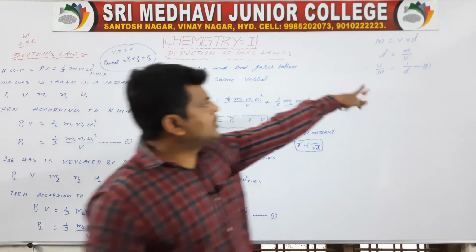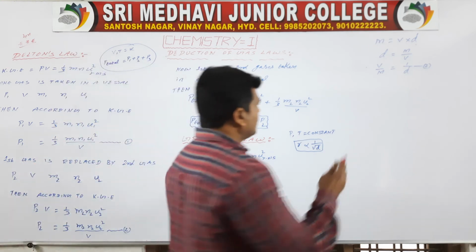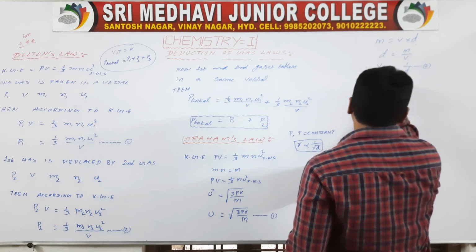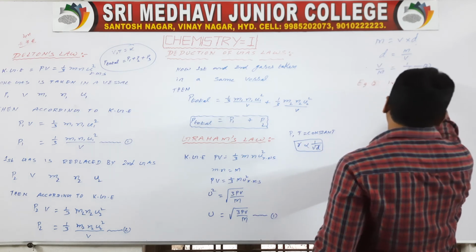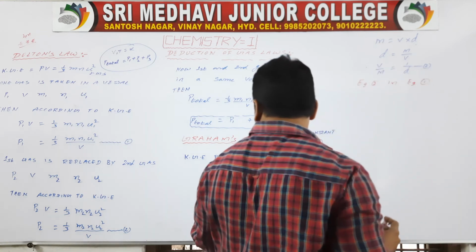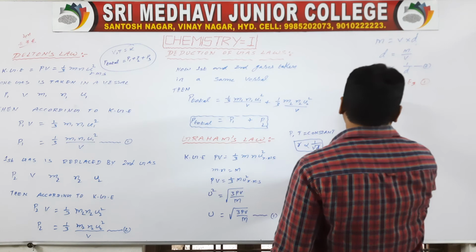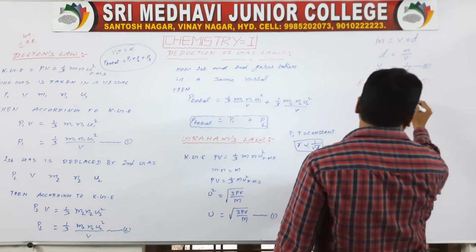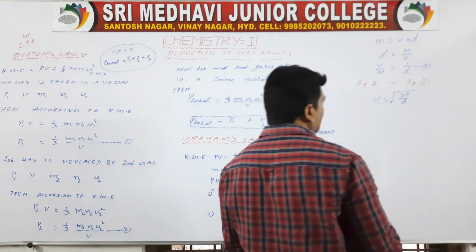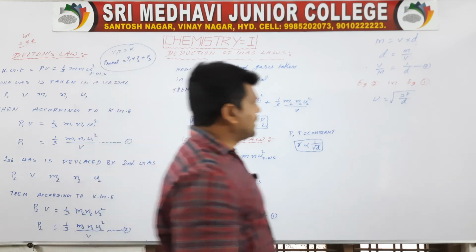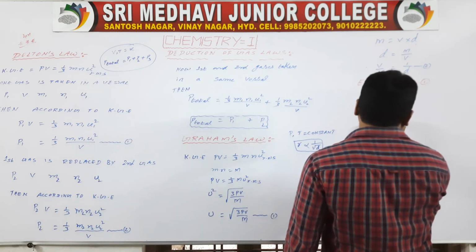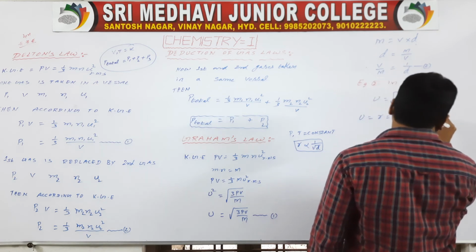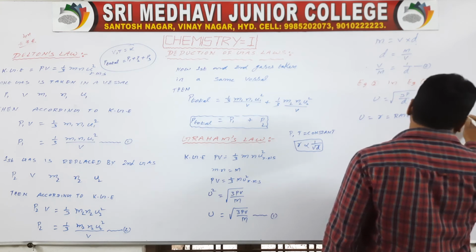So substituting the value of equation 2 in equation 1, U equal to under root 3P by D. Okay. U equal to under root 3P by D. U is R, the rate of diffusion.